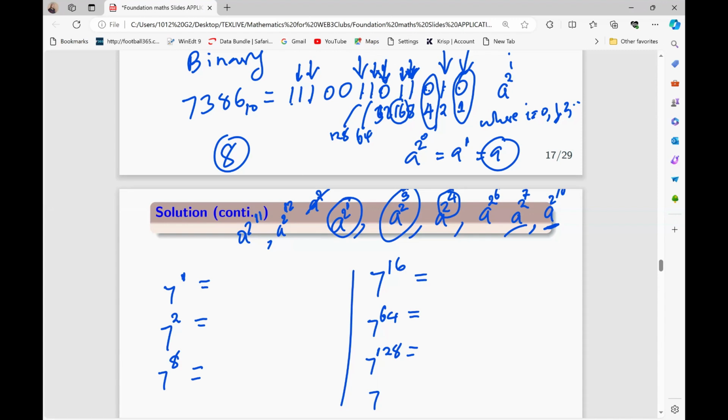What is that? 1024. Then I must also find 2 raised to 11, which is 2048.